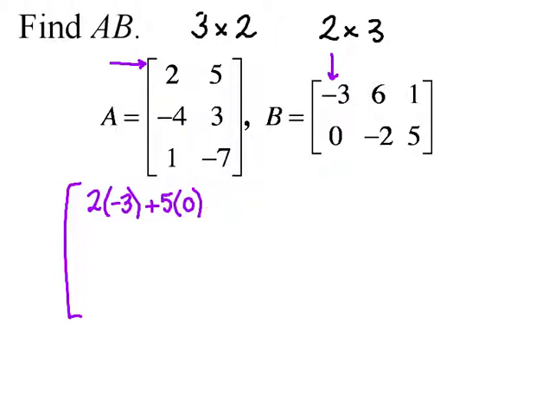All right, let's move on to the next one. I've got row 1, column 2. So I'm going to take first, so 2 times 6 plus 5 times negative 2.